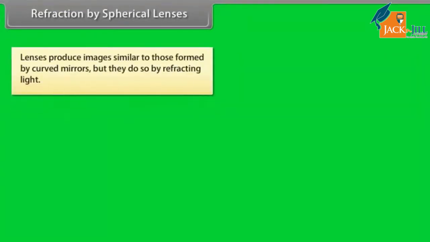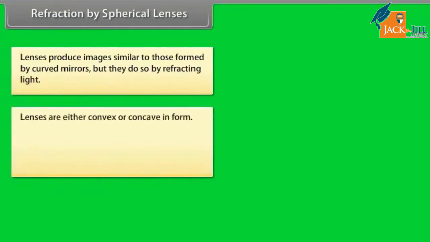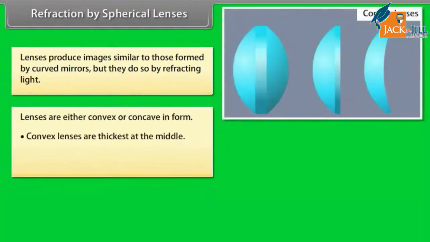Refraction by spherical lenses. Lenses produce images similar to those formed by curved mirrors, but they do so by refracting light. Lenses are either convex or concave in form. Convex lenses are thickest at the middle.